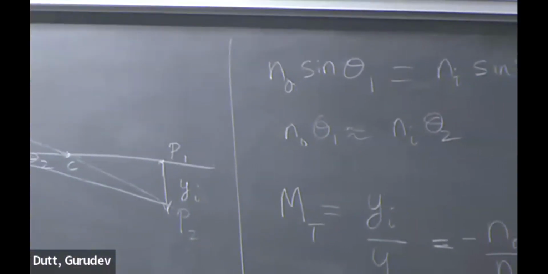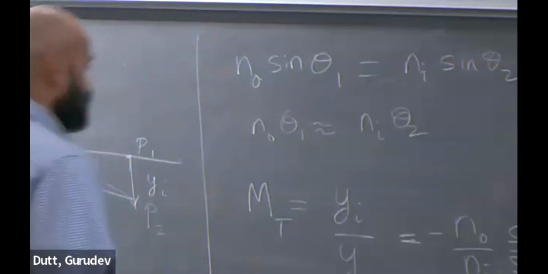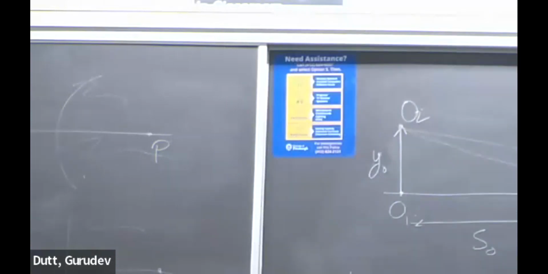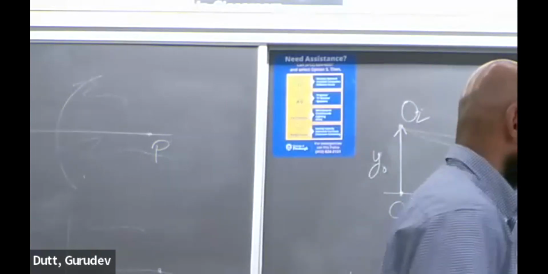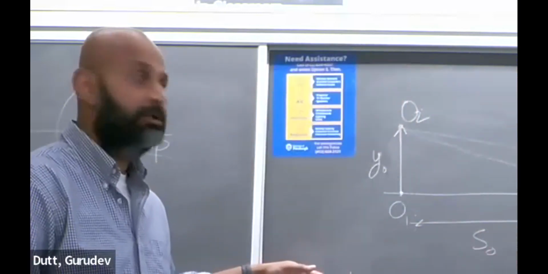If I know the object distance and the image distance, you can see if NO and Ni are equal, then it's simply minus Si divided by So. What does the minus sign mean? Well, if Y0 is above the axis, and according to our sign convention, Si is positive when it's to the right of the surface, So is positive when it's to the left of the surface.